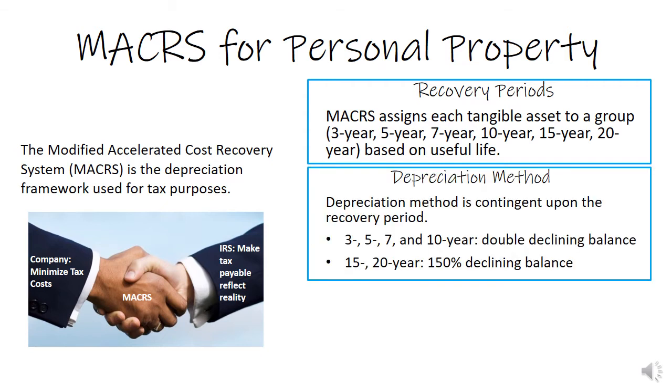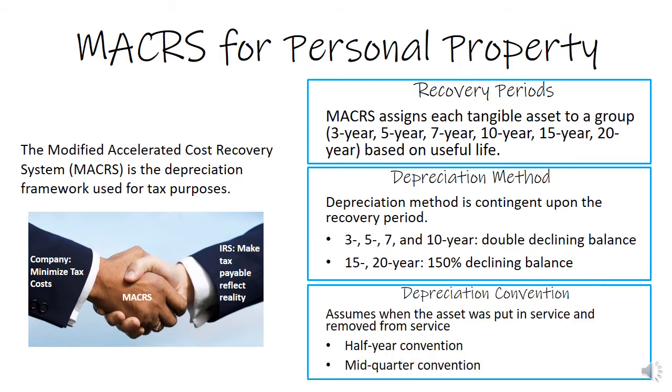The depreciation method is contingent upon the recovery period. The shorter lifespan property items use double declining balance, while the longer lifespan items use 150% declining balance. Finally, depreciation convention. This assumes when the asset was put in service and removed from service.